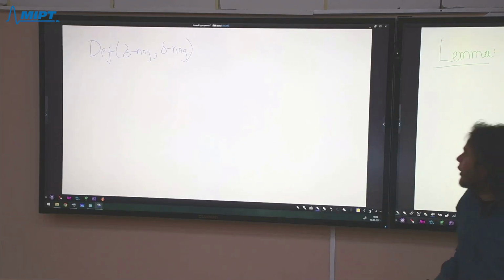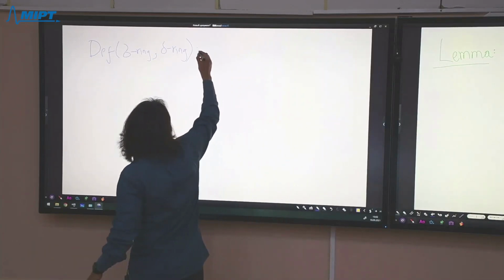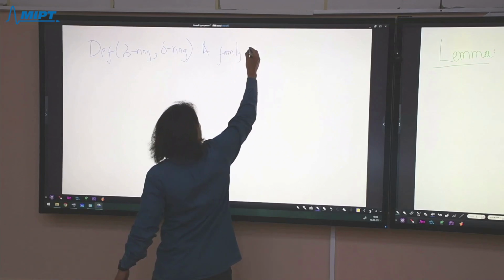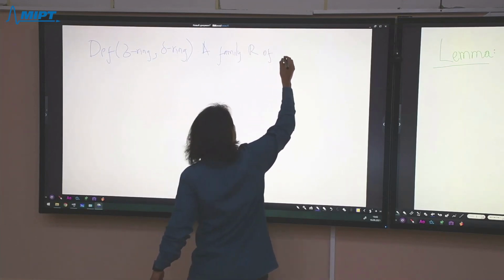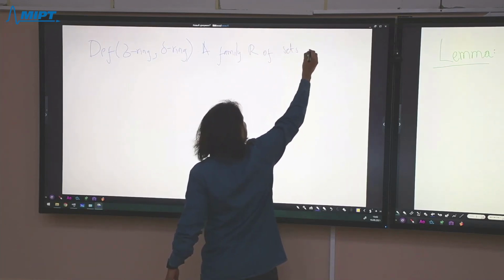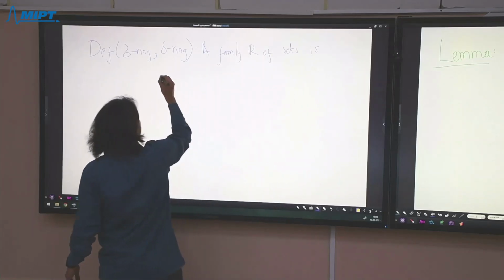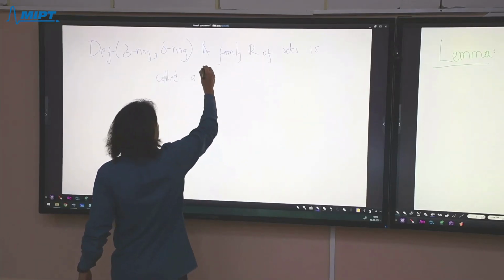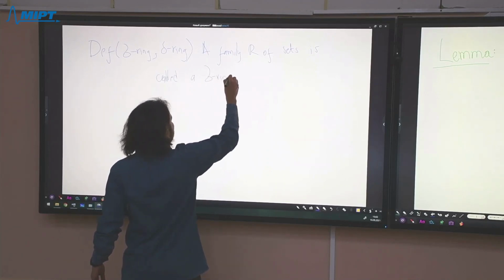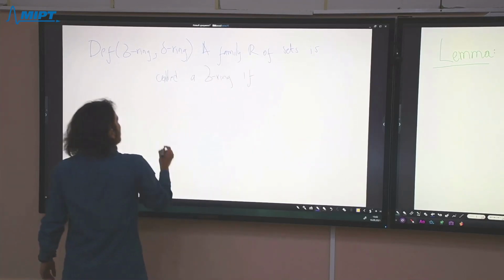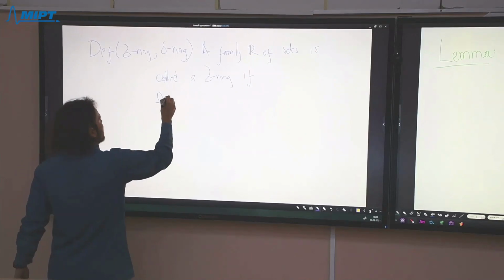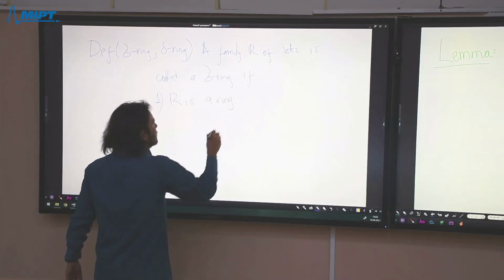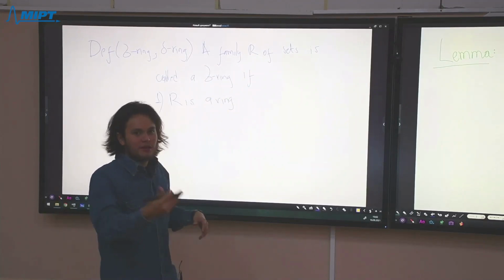Now, a family R of sets is called a sigma ring if the first condition is that R is a ring. So it means that every sigma ring is a ring, okay?